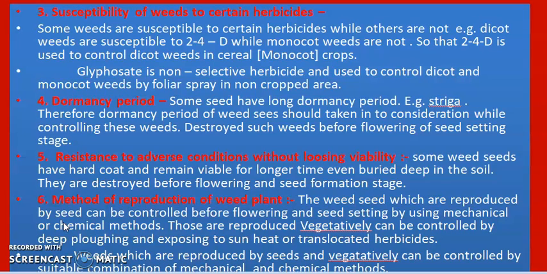But weed plants which propagate vegetatively through vegetative parts can be controlled by deep ploughing and exposing them to sunlight during the summer season, and these parts are collected and destroyed outside of the field, or sometimes they can be controlled by the use of translocated herbicides or weedicides.